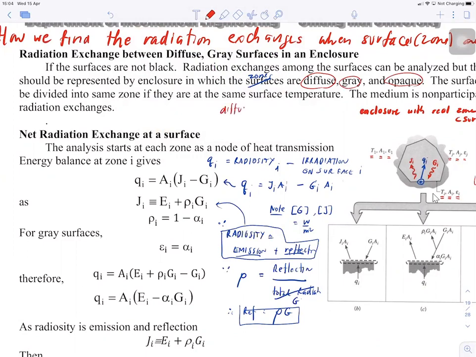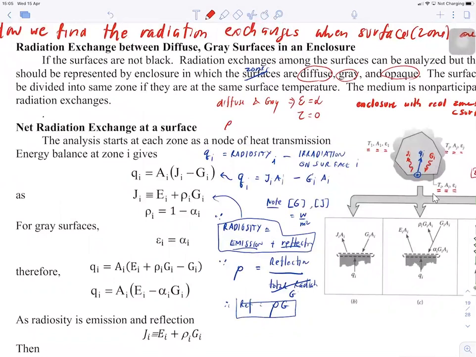Diffuse gray is going to give you epsilon equal to alpha. Opaque is going to give you tau equal to 0. And you already know that rho plus tau plus alpha is going to be equal to 1. So for I is opaque, because tau is equal to 0, rho I is going to be equal to 1 minus alpha I, from this equation.